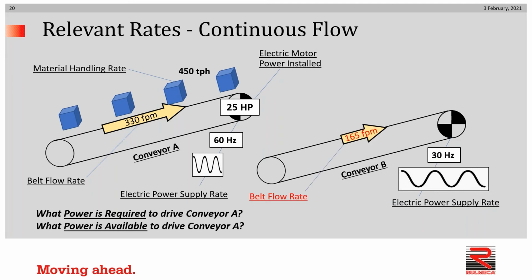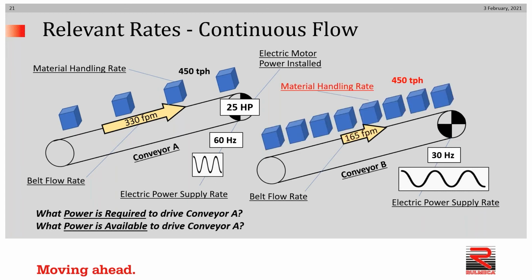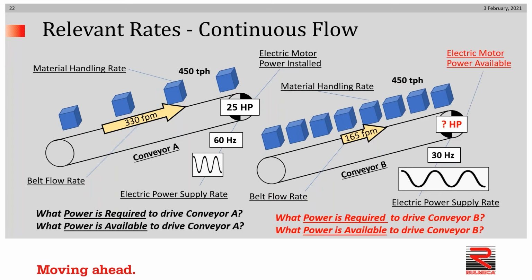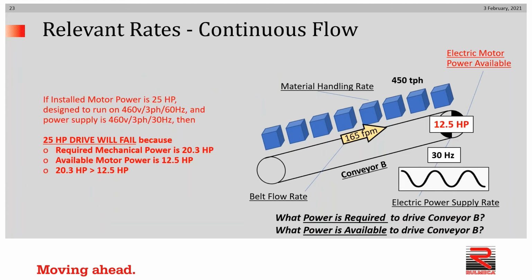That will yield a belt speed 50% of the previous speed, which is 165 feet per minute at the lower frequency. Our material handling rate is constant at 450 tons per hour. The question is, how much electric motor power is available in this circumstance? What is required to drive conveyor B, and how much power is available to drive conveyor B?